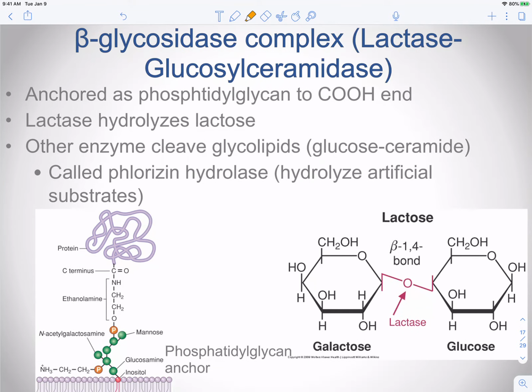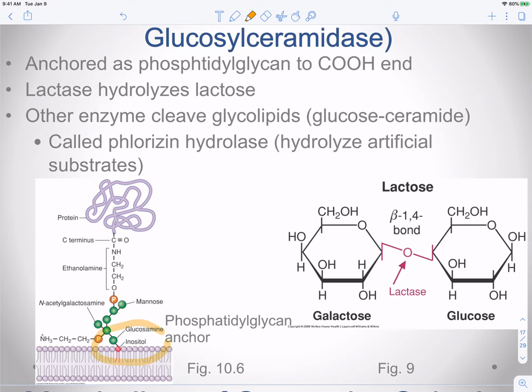And then the beta-glycosidase complex has the lactase, as well as working on the glucose that is bound to ceramides, for example. And so this is going to be anchored. So you can see this has inositol, so it's a phosphatidylglycan anchor. And then the lactase will hydrolyze lactose, so that has the beta-1,4 activity.